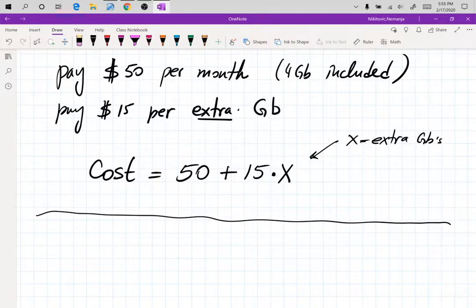So one plan is $20 per month and a charge of 5 cents per text, and the other plan is $5 per month plus 10 cents a text. So let's go with text plans.